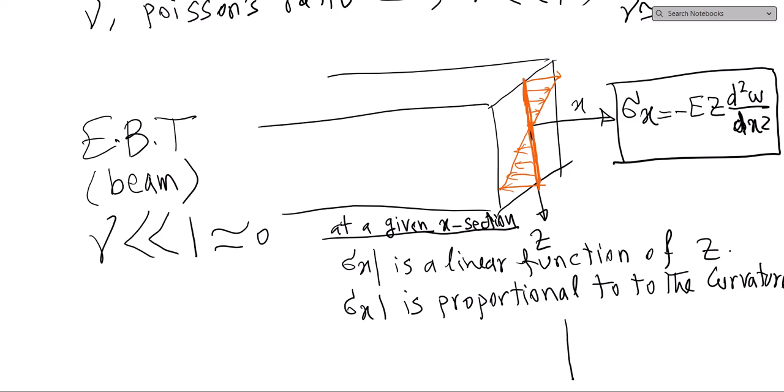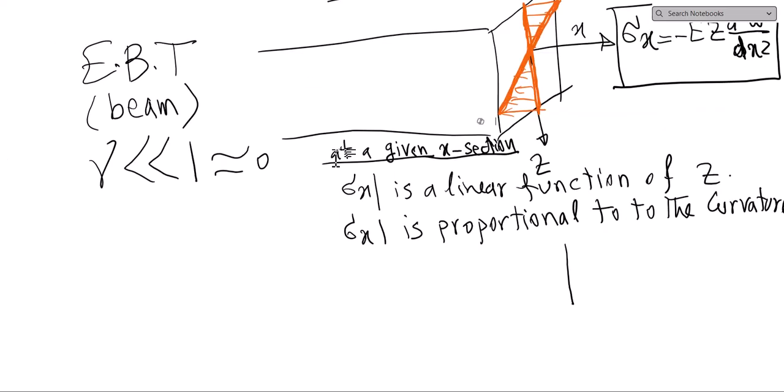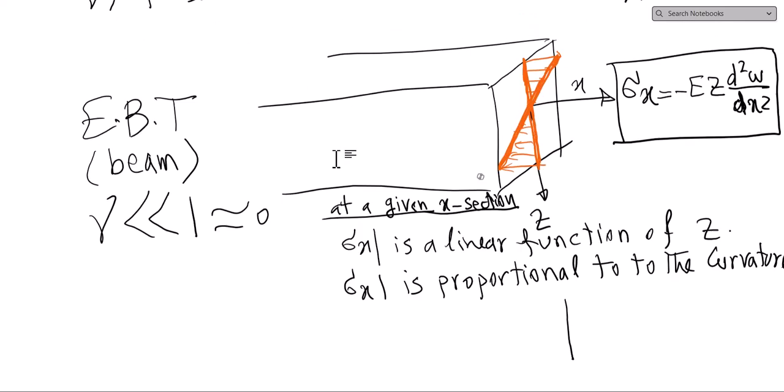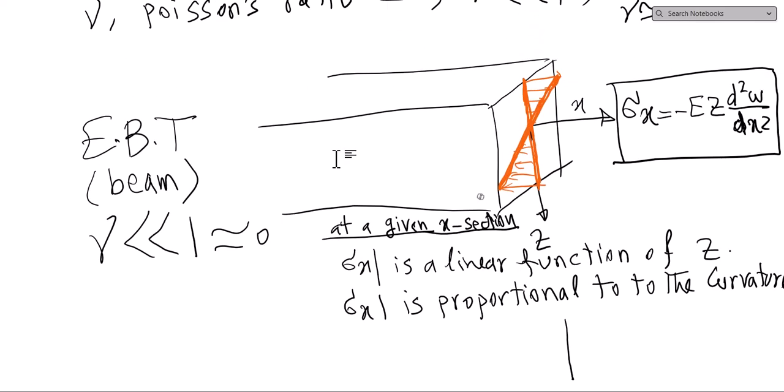The main point is that you understand that the variation along z is linear. Sigma x is a linear function of z. That is exactly what we have in pure bending for Euler-Bernoulli, and that is a direct consequence of the kinematic assumption, and we get the formula here.